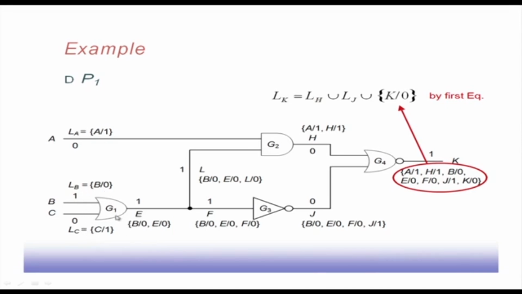Now, say this is an OR gate, and one of the inputs is 1, so that is a controlling value. In this case, we get at the output B stuck at 0 and E stuck at 0, these two faults. B stuck at 0 is coming from this controlling input. There is only one controlling input.